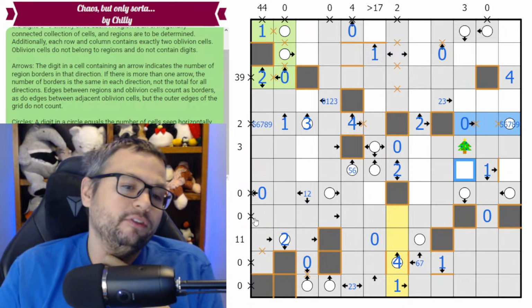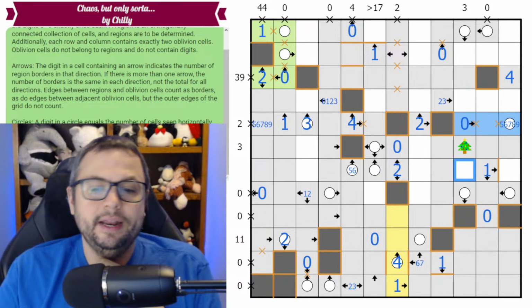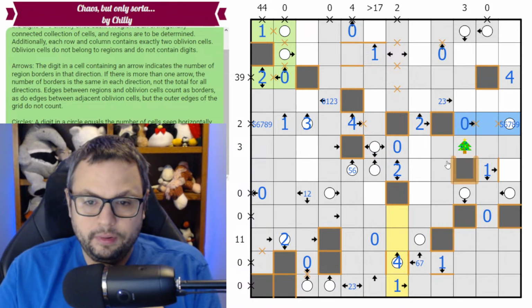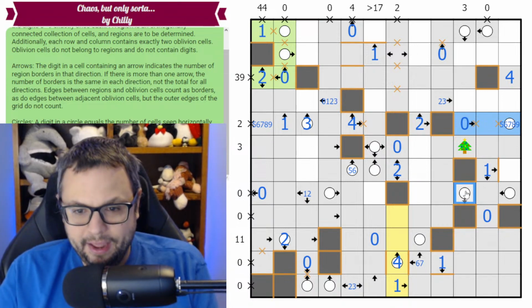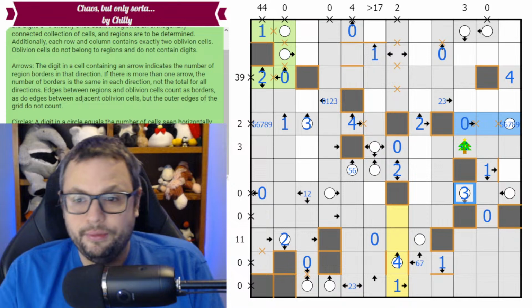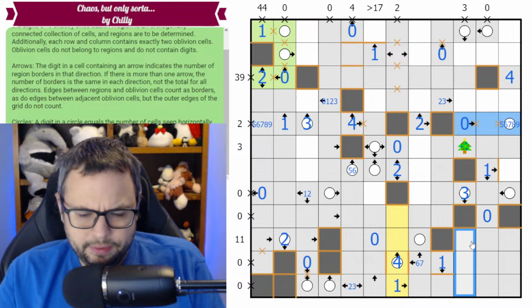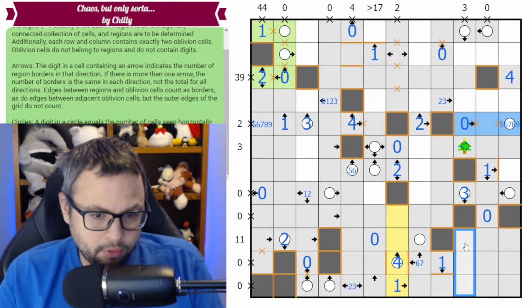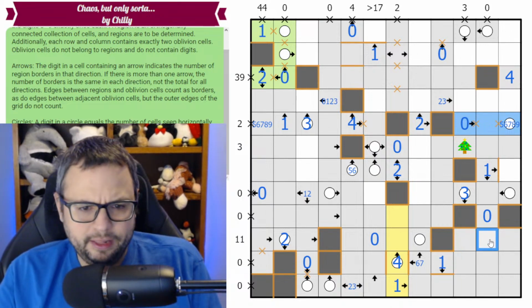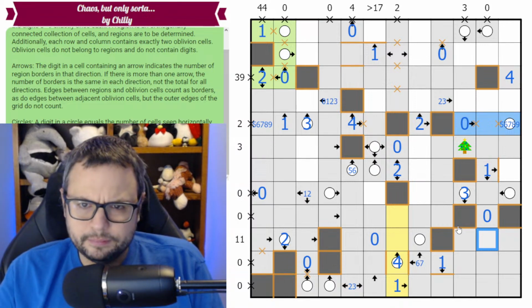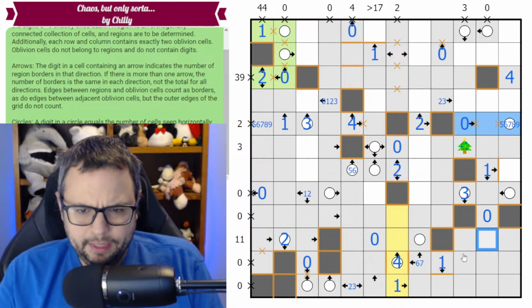So the point is, once I did this one, it then forced that one. Good eye. So let us do that. So this is now a 3, and that sandwich clue is done. So there's one more border down here, basically, is what this is telling me. Intriguing.